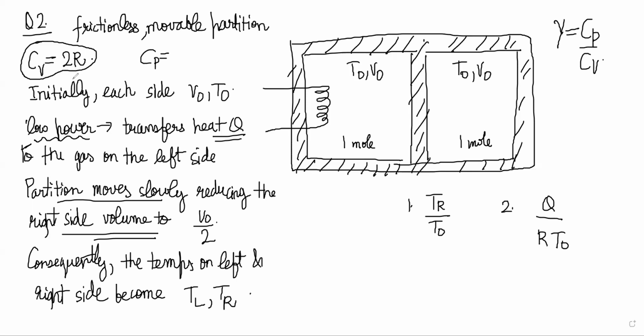What is CP? Obviously, it is 3R. No, Cp is always Cv plus R.